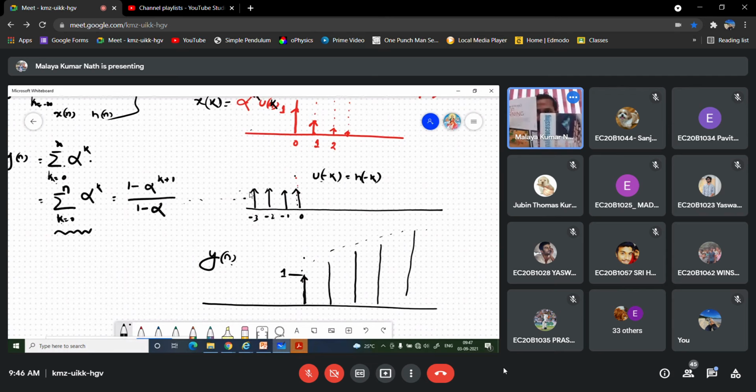Try to understand how this integration is starting. When both the signals are not overlapping, their multiplication will be equal to 0. Are you getting my point? Now, gradually this folded signal is moved over this unfolded signal. When it touches, what will happen? The overlapping region is only this portion. So this is the portion which will get overlapped, and it will be represented in terms of your integration, from 0 to t.